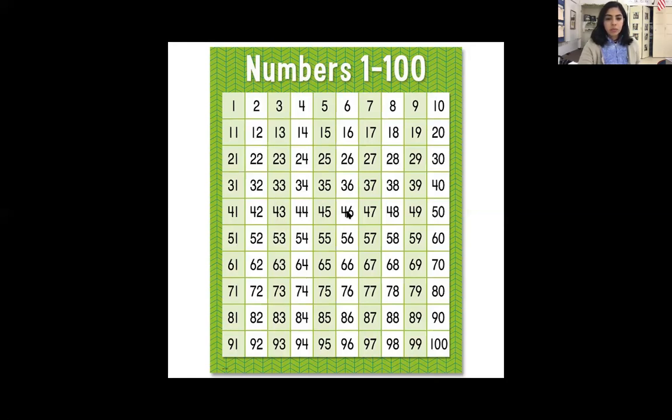And 46 plus 10 is 56. Do you see that? Okay, now 36 minus 10, you just go back up, is 26. So when you go up, you take away 10, and when you go down, you add 10. So let's see if we can do that same thing here.